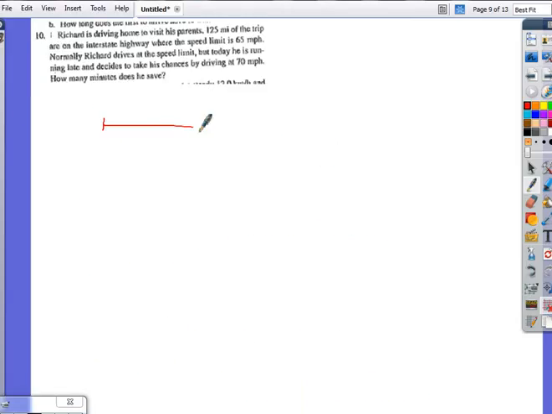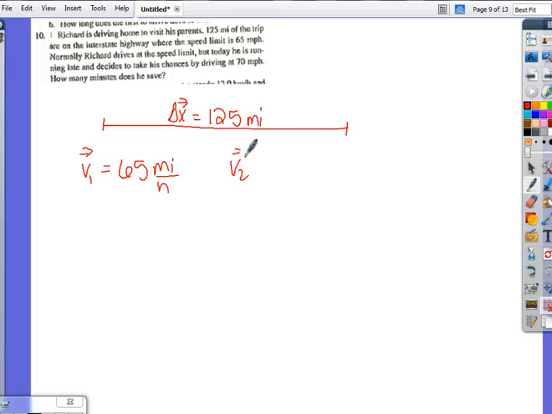Number 10, guys, is basically the same. We have some distance of 125 miles. And this guy is going at two different velocities. One is 65 miles per hour. The other is 70 miles per hour.